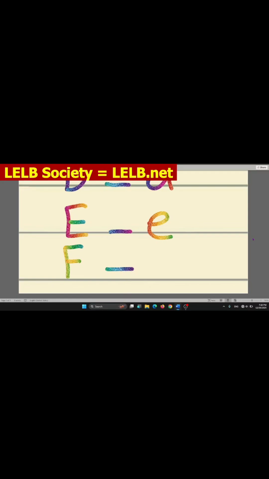You can change F to E. Of course, a capital and lowercase. You can do F to E too. You can erase that part, but we don't have an eraser here.